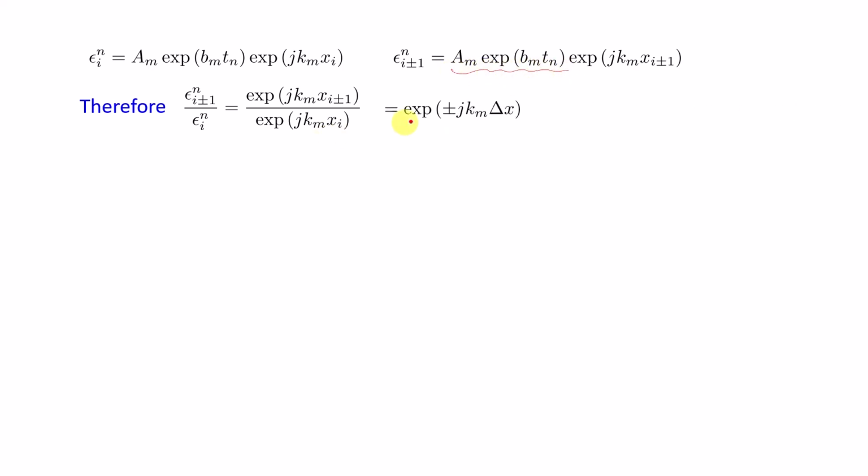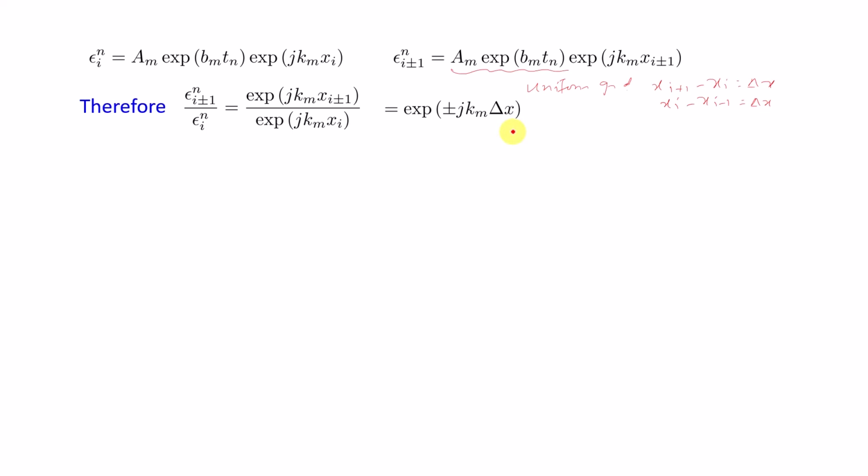Well, here, as it comes out to be x_{i plus minus 1} minus x_i, I'll get either plus delta x or minus delta x using a uniform grid, because x_{i+1} minus x_i is delta x, and x_i minus x_{i-1} is delta x. Therefore, I'll get this as plus or minus of delta x.